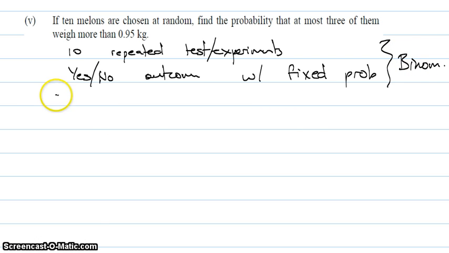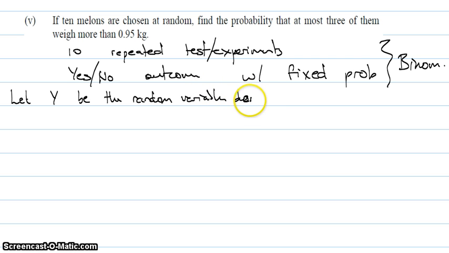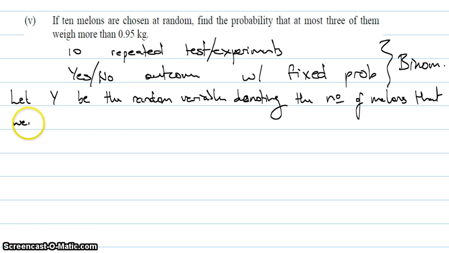So actually I'm going to define a new random variable. Let y be the random variable denoting the number of melons that weigh more than 0.95 kg.